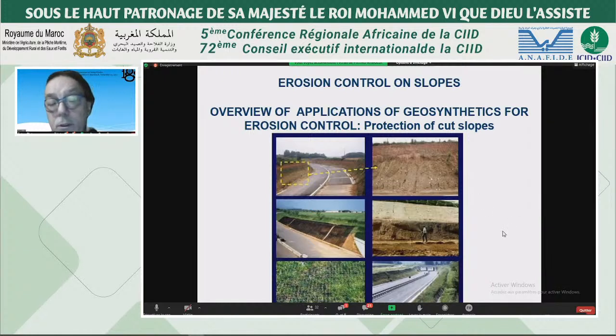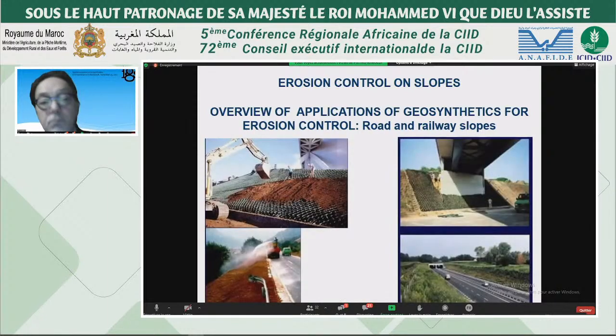D'autres types de protection pour des constructions civiles, de routes, etc. Et lorsqu'il y a besoin de couper la pente, et dans des cas, souvent, le terrain est aride et a besoin non pas seulement de protection contre l'érosion, mais également, en plus, de permettre à la végétation de se régénérer.